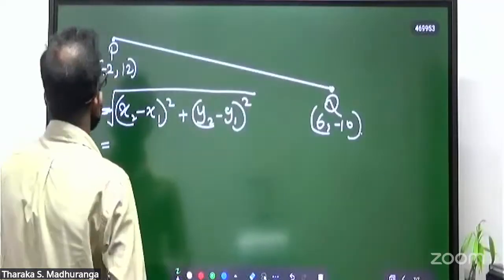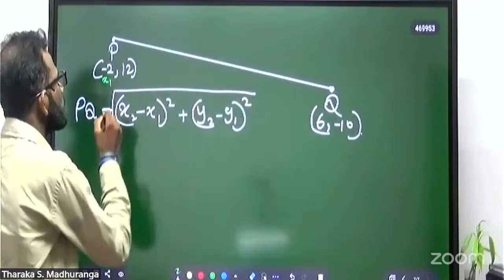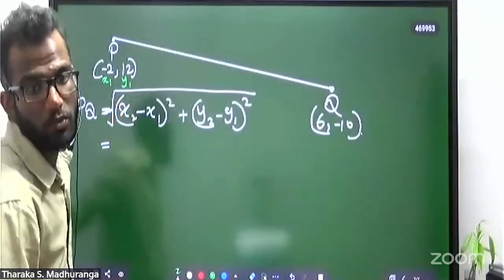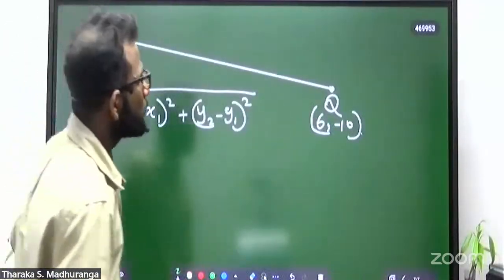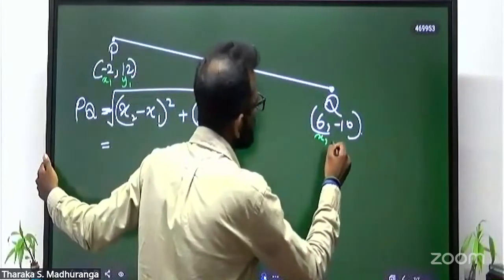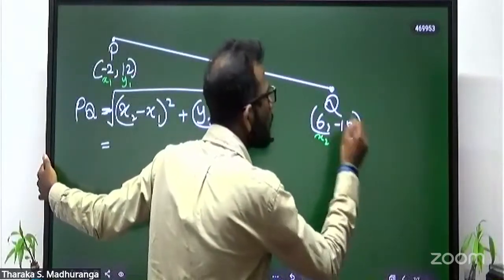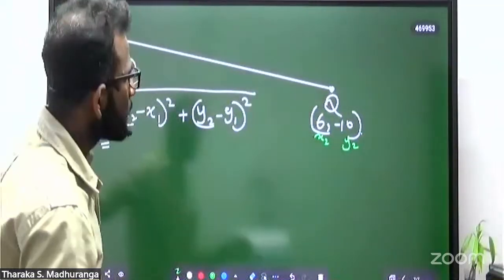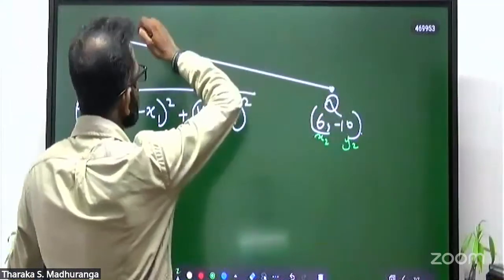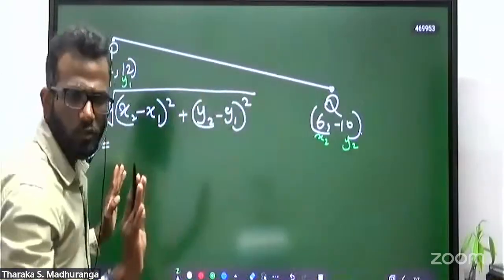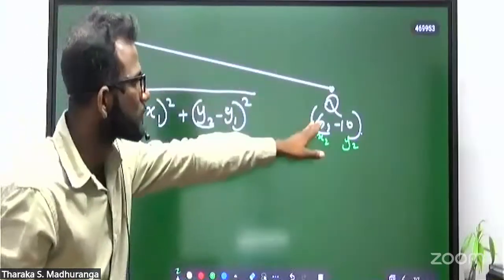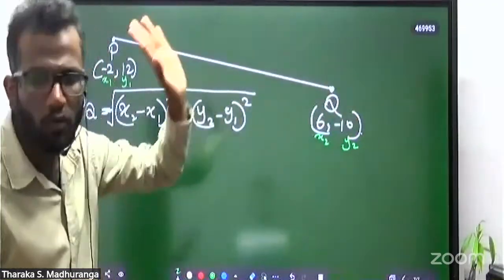That means if this is x1, this one should be y1. It cannot be y2. That's very important. If this is x2, this is always y2. It cannot be y1. Okay, remember. If you change that, no issue. If this is x2 and y2, and this is x1 and y1, no issue.